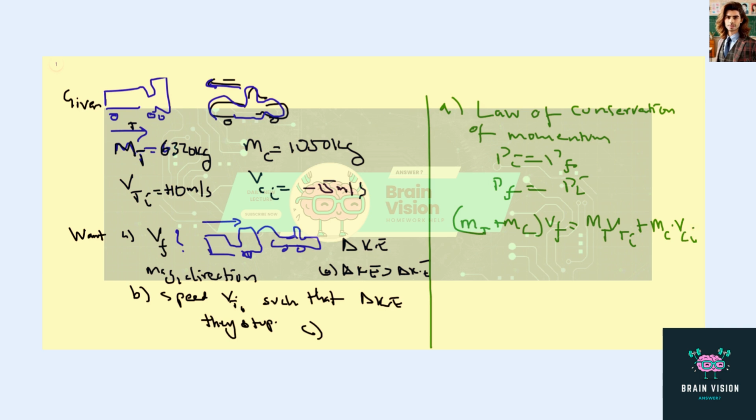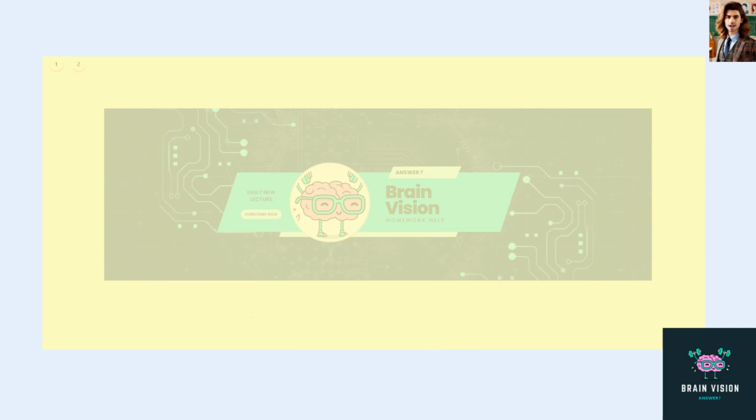Moving things around, we see that the final velocity is the initial momentum of the truck plus the initial momentum of the car, over the sum of the two masses together. And so, we'll do this in the next page.